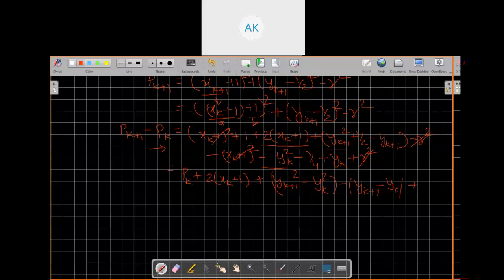Okay, okay. So now you have calculated your next decision parameter pk plus 1.